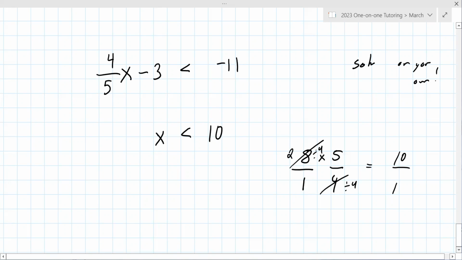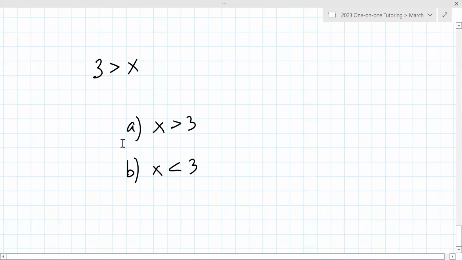Okay, before we do some more problems here, some questions for you. If you wanted to rewrite this so that the variable was on the left, is the answer this or this? And do not just yell out an answer. Please be confident in your answer.